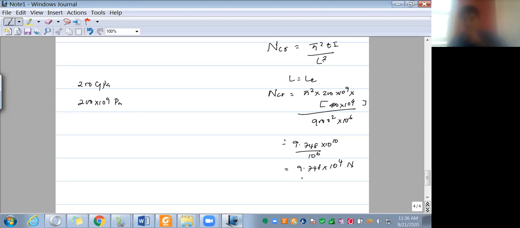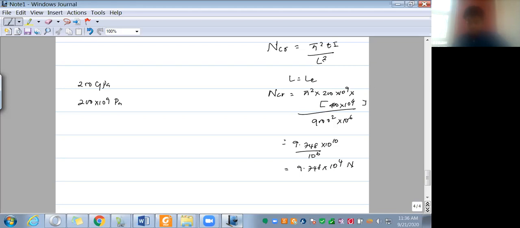So how many kilonewton? This one is 400 into 10 to the 4 millimeter squared, and this one is 200 into 10 to the 3, that is 200,000 Newton per millimeter squared. Then this 9,000 squared.